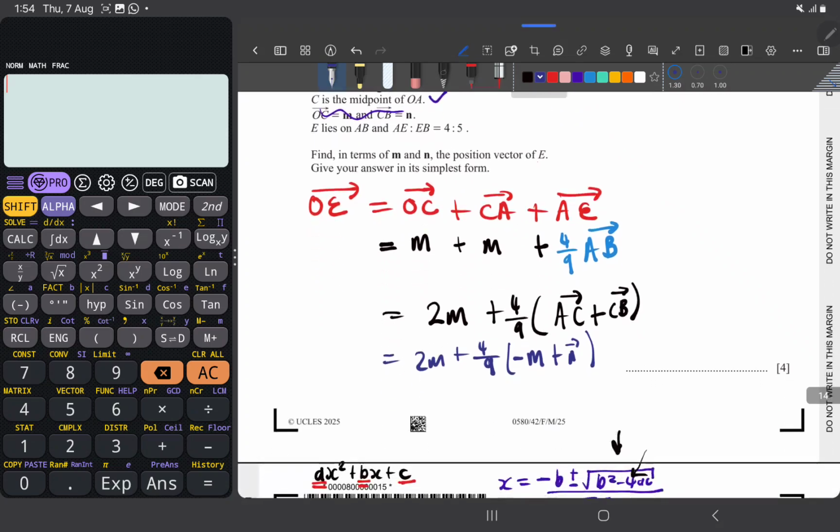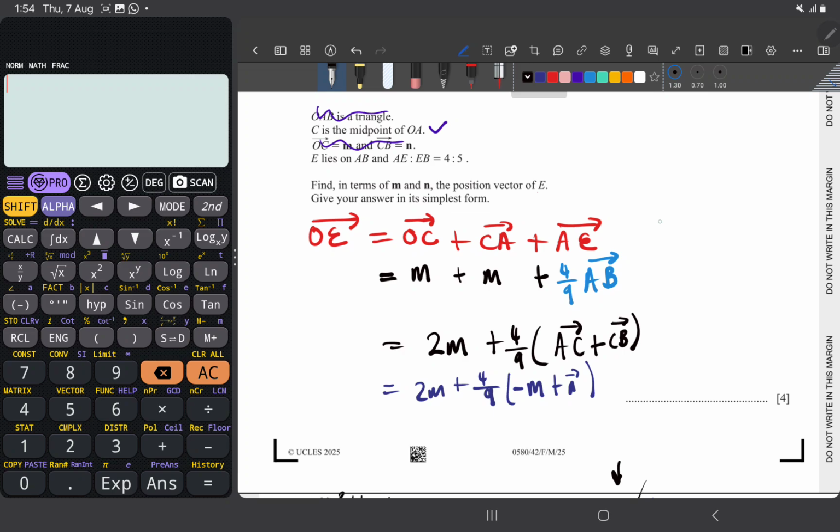which is going to be equal to, now let's simplify it. You can say OE will be equal to 2m minus 4 over 9 m plus 4 over 9 n, which is going to be equal to, now let's punch. I want 2m minus 4 over 9 m. So I'll say it is 2 minus 4 over 9.